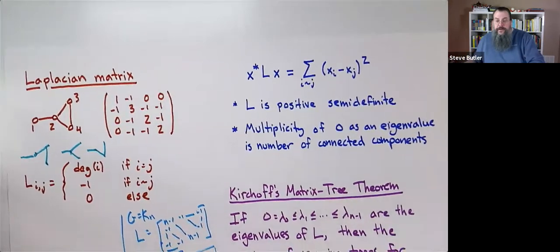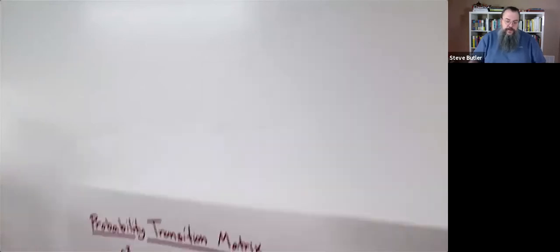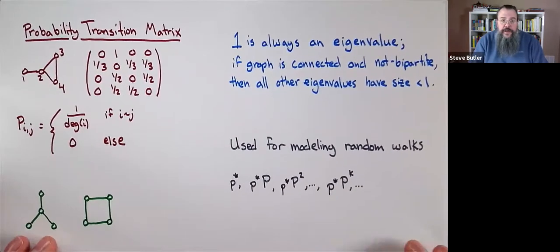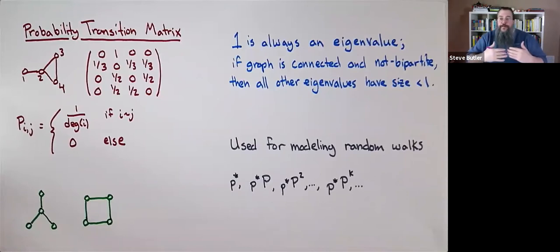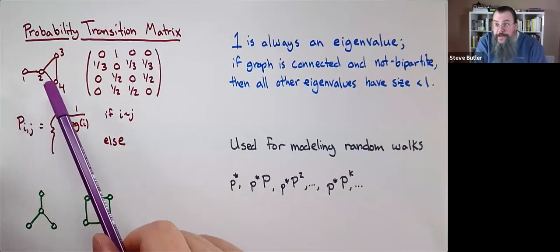All right, well, switching gears on to more matrices. Our next one will be the probability transition matrix. This is one that's connected to random walks. And our question is, how likely are we to move from one vertex to another vertex? So for instance, if I'm at vertex 1, I'm very likely to move to vertex 2.